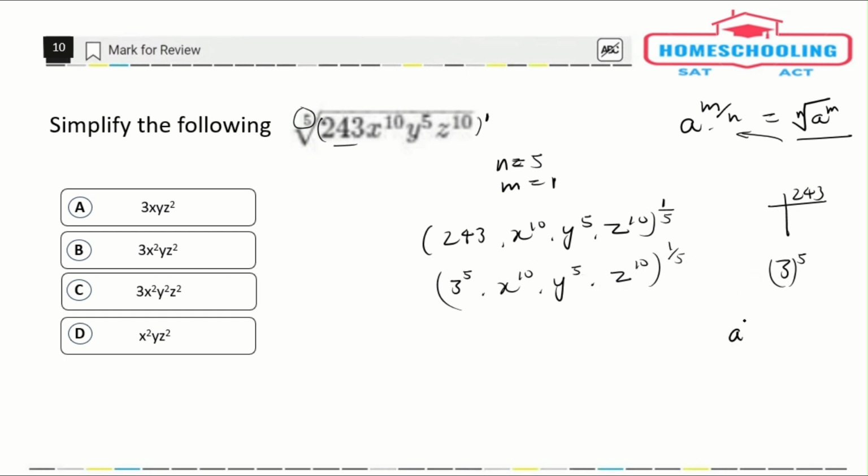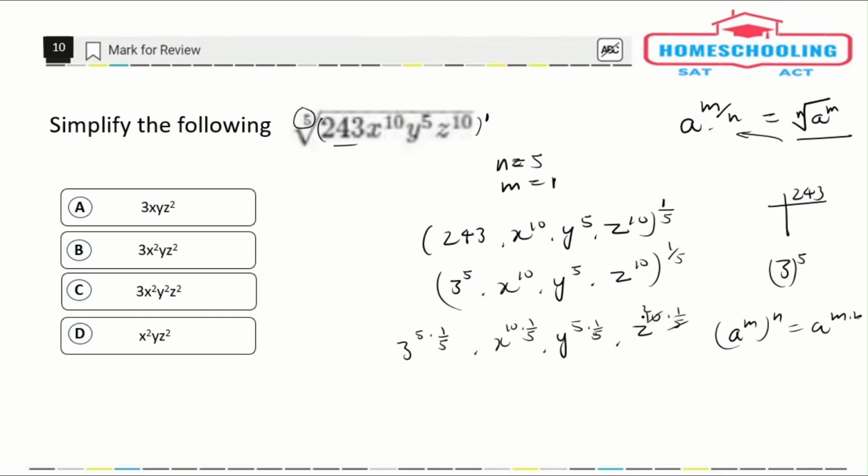As we know, a to the power m into n is equal to a to the power m n. So we will take 3 to the power 5 into 1 divided by 5, into x to the power 10 into 1 divided by 5, y to the power 5 into 1 divided by 5, and z to the power 10 into 1 divided by 5.